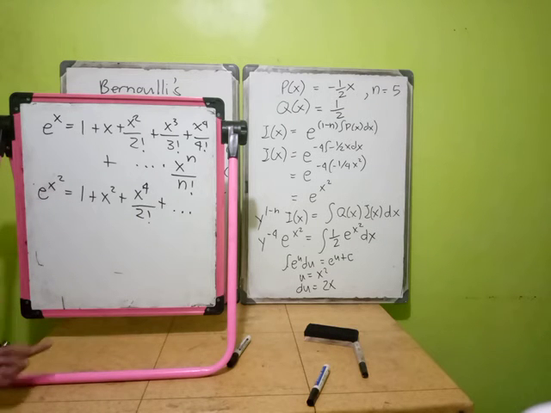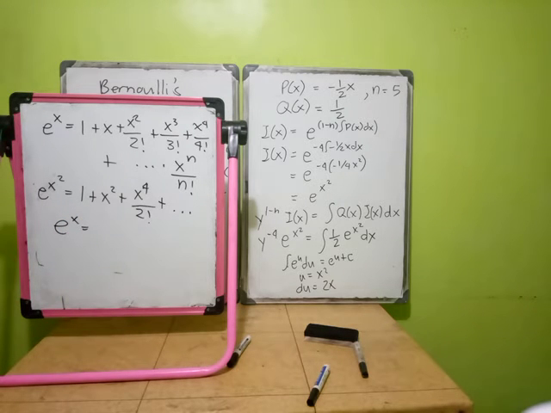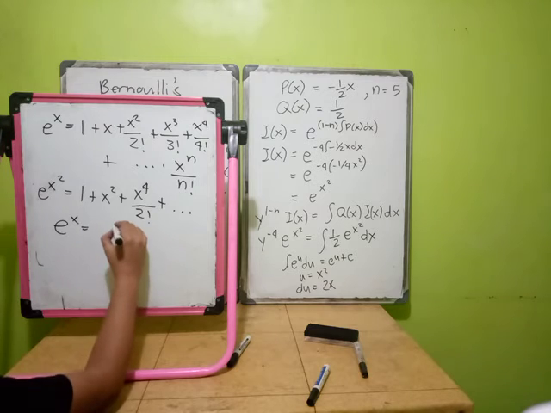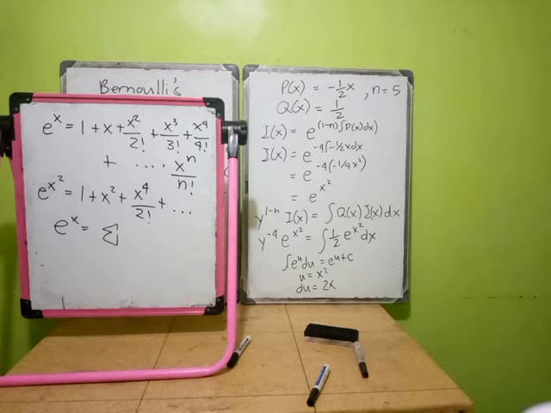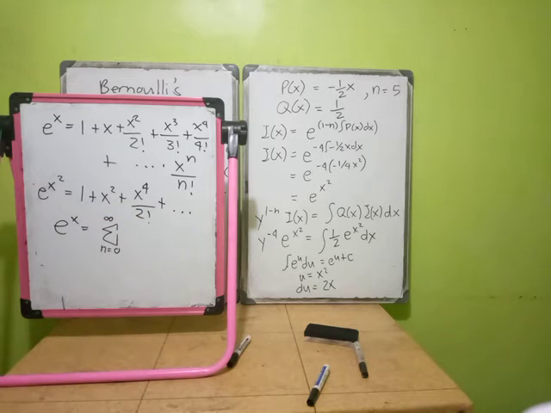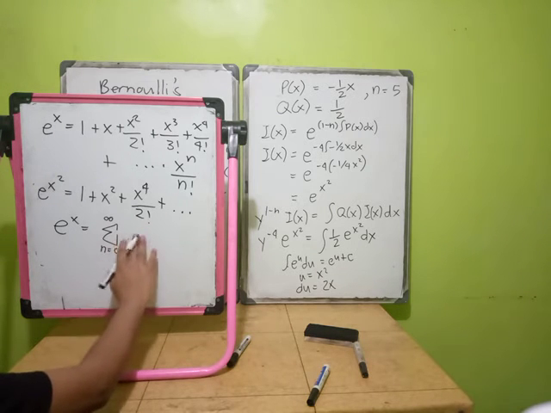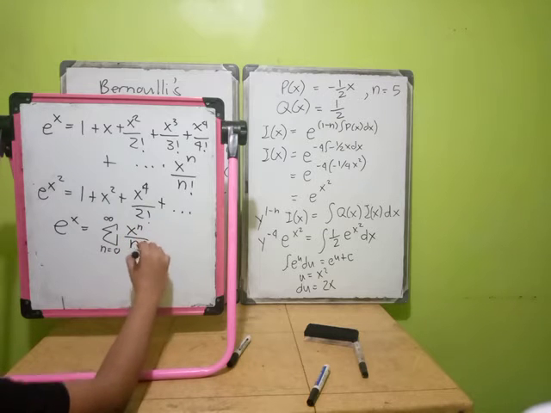This is actually an infinite series, a series with infinite terms. So si e^x in infinite series is equivalent to the summation from n equals 0 to infinity of x to the power of n over n factorial.